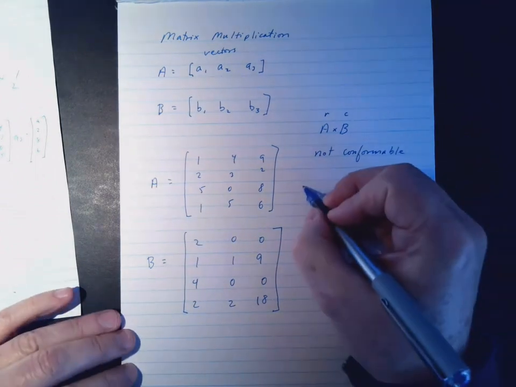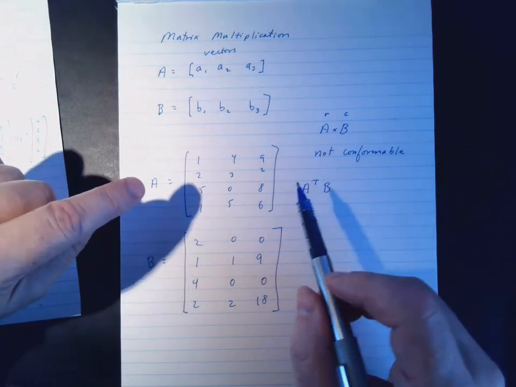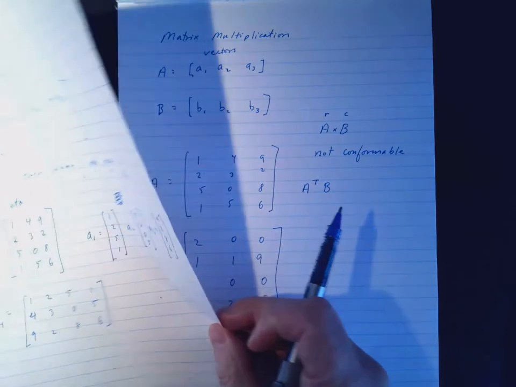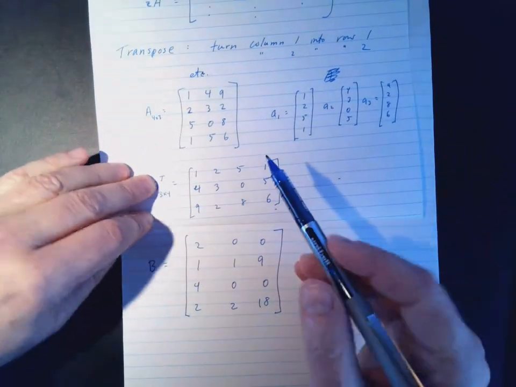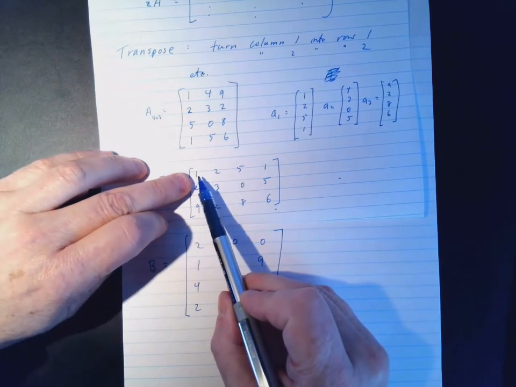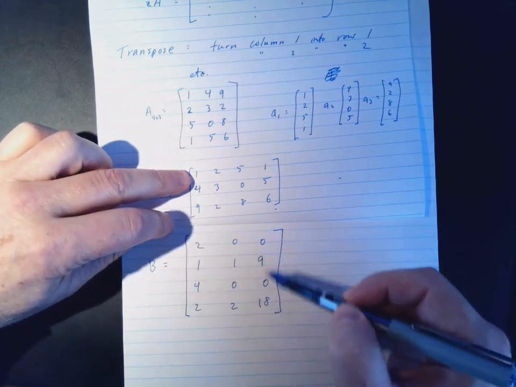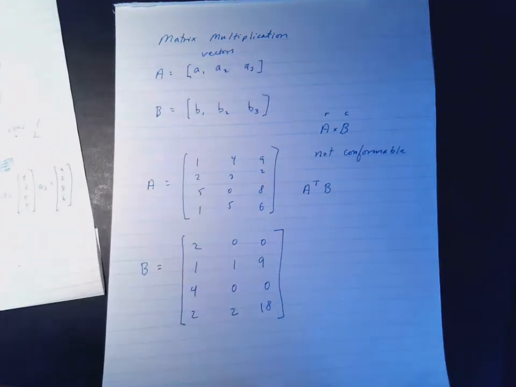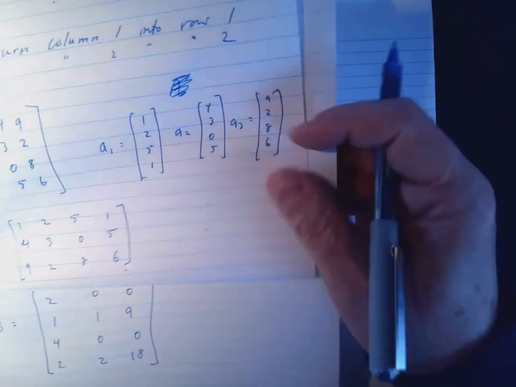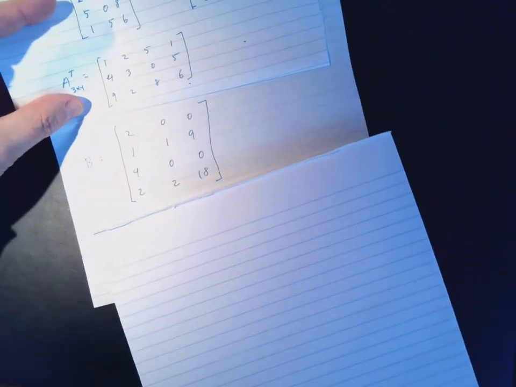However, if we take the transpose of A and multiply it by B, that would work, because we'd be multiplying the 4 elements of the first row of A transpose by the 4 elements of each column in B. Let me try to do it here where I still stay on the camera.